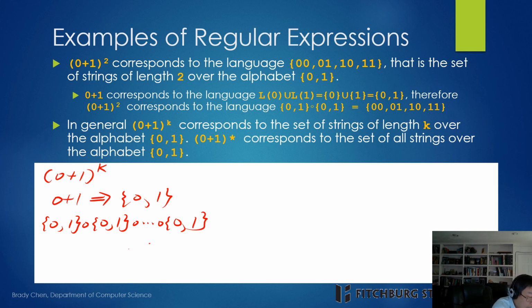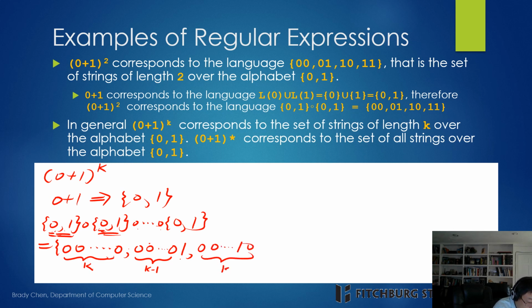So you create an element by picking one string in the first language, one in the second language, and one in the third, up to a total of k picks, each a 0 or a 1, like 1, 0, 1, 0.